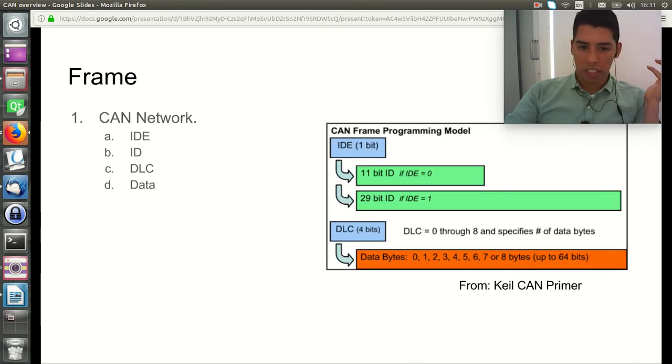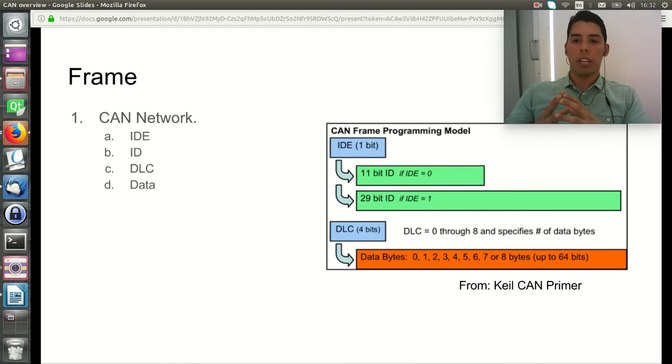So it's time to talk about frames. A frame is a message that is transmitted and received through the CAN network. A frame is composed of 4 principal parts. The first is the identifier extension, which is 1 bit in length.